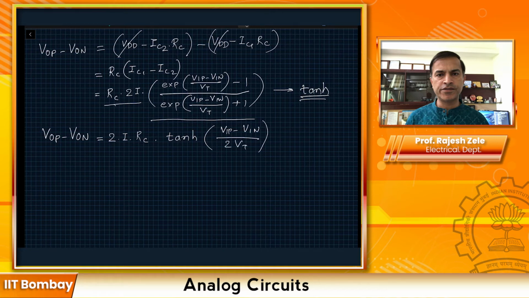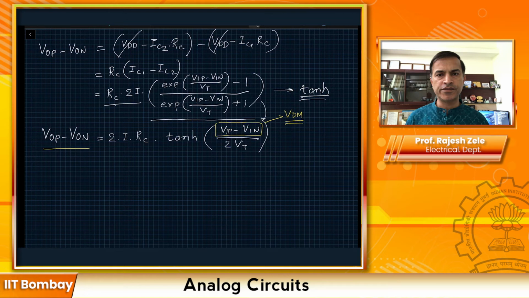So this would be the tanh function. In this particular case, as we already said, what is VIP minus VIN? That will be our differential input voltage, which is VDM. As you can see in this function, the output differential voltage is not dependent on the common mode voltage at the input. It's only dependent on the differential mode voltage.